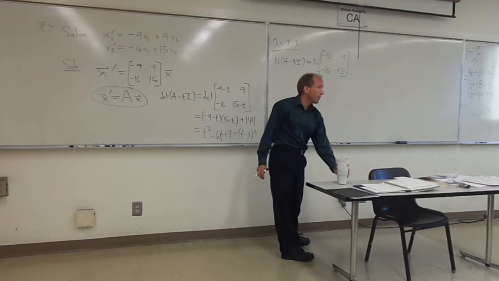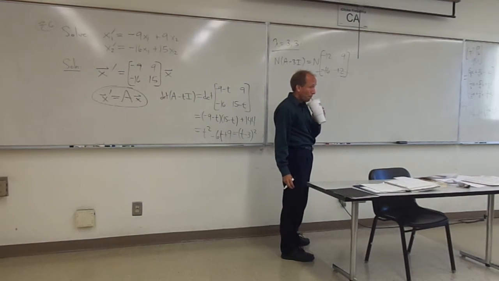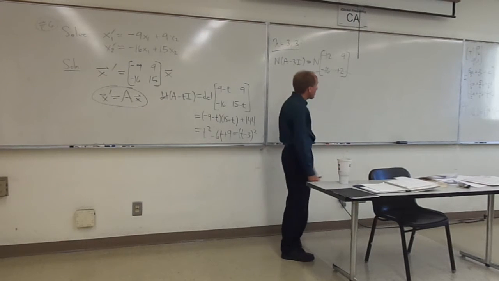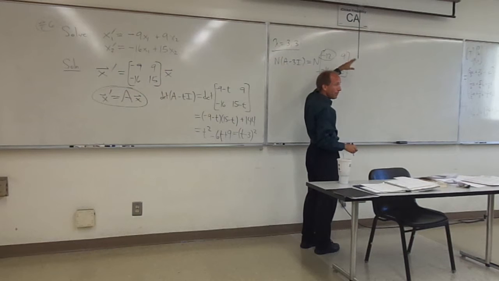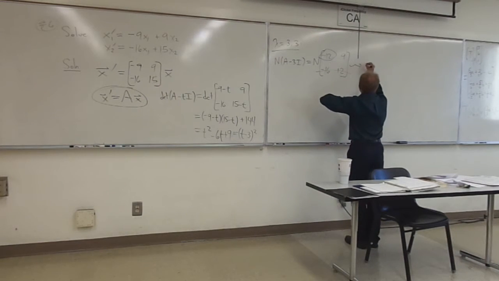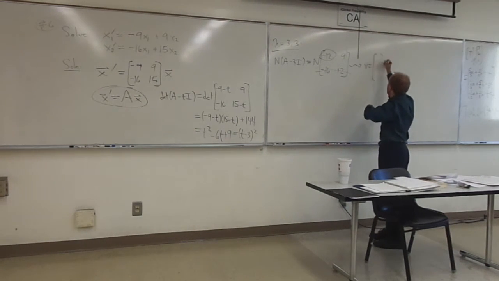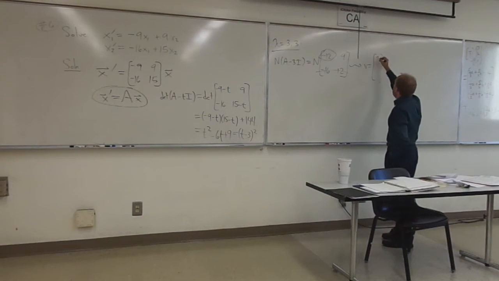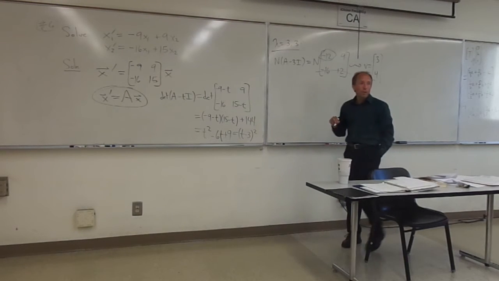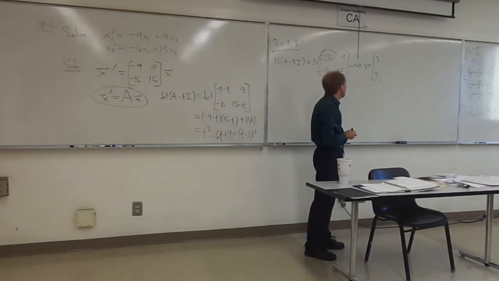And how many free variables am I going to have? Only one, right? Which would be this variable over here. Can anybody just by eyeballing it give me a vector that would be in the null space of that matrix? 3, 4. I was going to say 9, 12, but 3, 4 is fine.